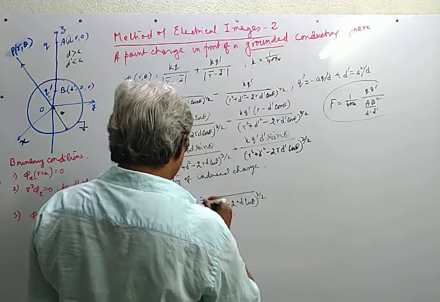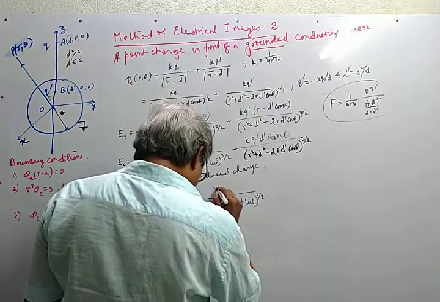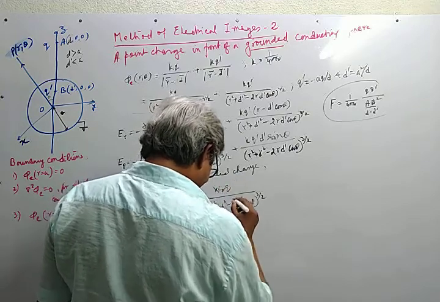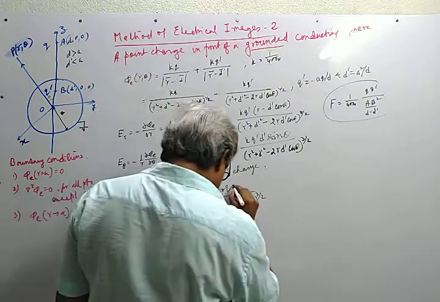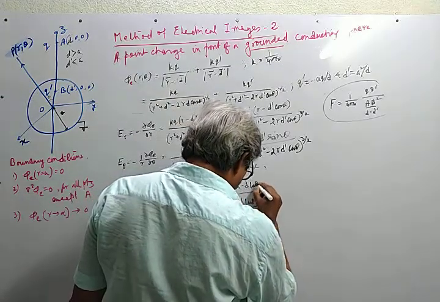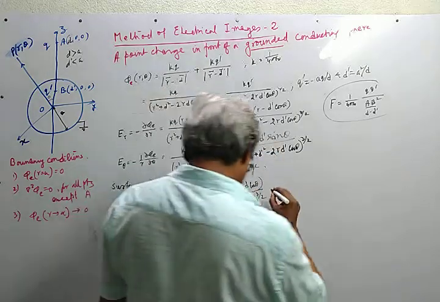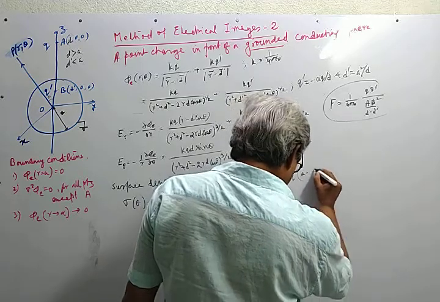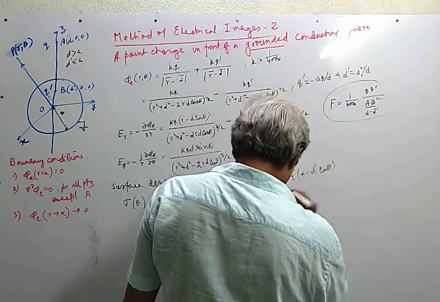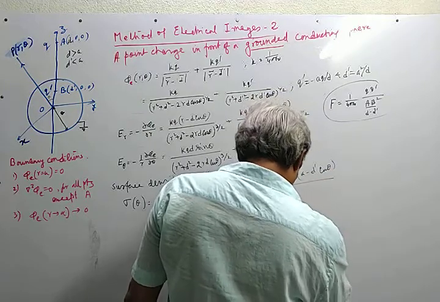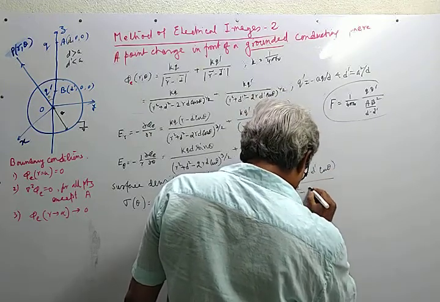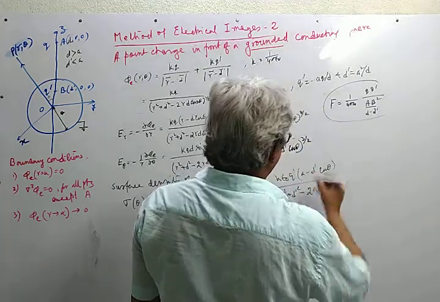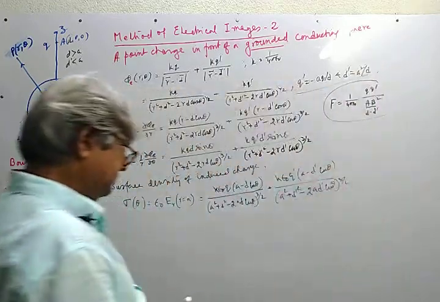In the numerator we will have k epsilon 0 q, and from this part (a minus d cos theta), and from the second part we will have k epsilon 0 q prime (a minus d prime cos theta) with a square plus d prime square minus twice a d prime cos theta to the power 3 by 2, where q prime and d prime are given by these two.